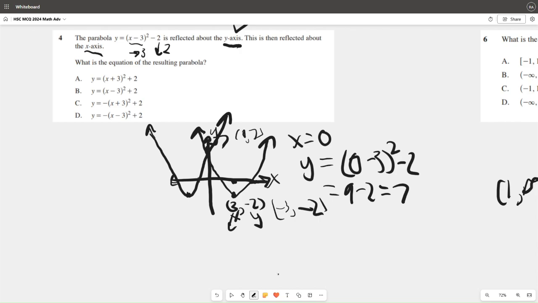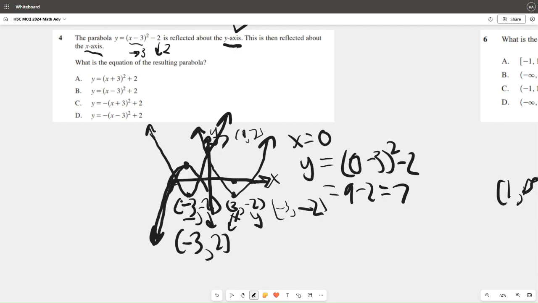This is now minus 3, minus 2, so we're going to flip the y value, keeping the x value, and this now becomes positive. Okay, so now it goes up here, and now it's basically going to look like this.